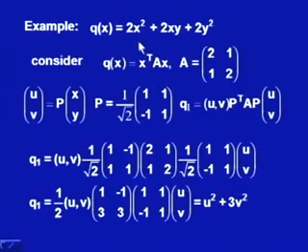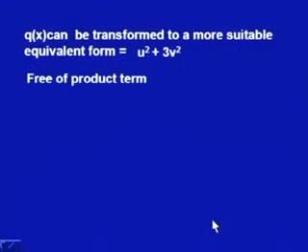The idea is I started with a quadratic in which some cross terms are present, but after this transformation, the final congruent form is free of cross product term. So, it is now written as u square plus 3v square. That means, given a quadratic, we can transform it into a form where the cross term will not be present, and we know that handling such forms is simpler. So, Q(x) can be transformed to a more suitable equivalent form as u square plus 3v square.